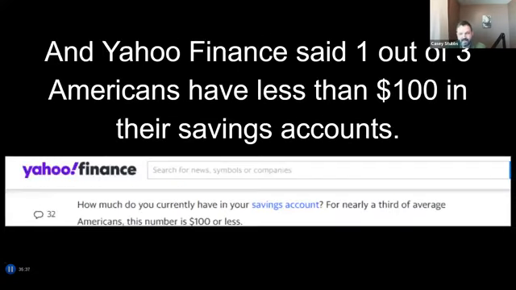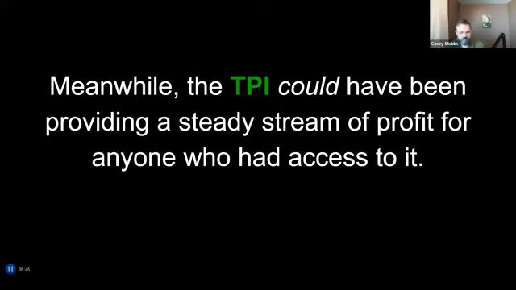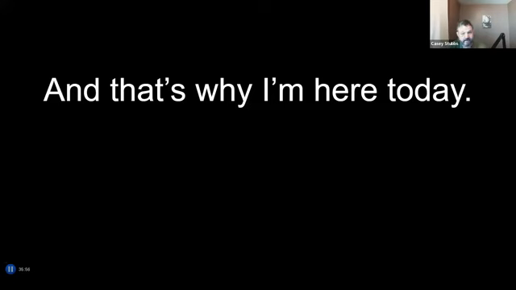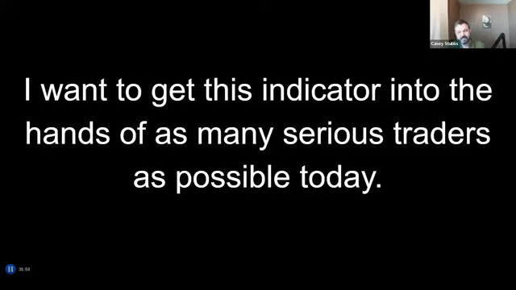And Yahoo Finance said 1 out of 3 Americans have less than $100 in their savings accounts. Meanwhile, the TPI could have been providing a steady income stream of profit for anyone who had access to it. And that's why I'm here today. I want to get this indicator into the hands of as many serious traders as possible today.